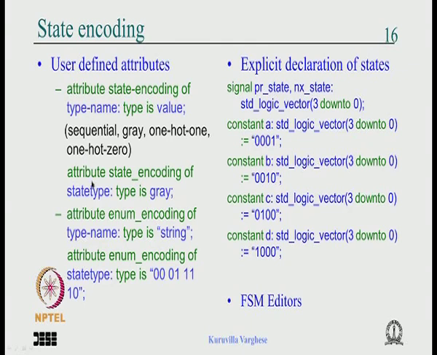Here the syntax is attribute state encoding of whatever name you have given for that enumerated data type. So the type is gray or sequential 101, 100, and we will see what 101 is. Yesterday I said what it is, and then you get the encoding defined by this. But if you want a very specific encoding, you can use attribute enum encoding of state type, and then you can literally say what the encoding is.